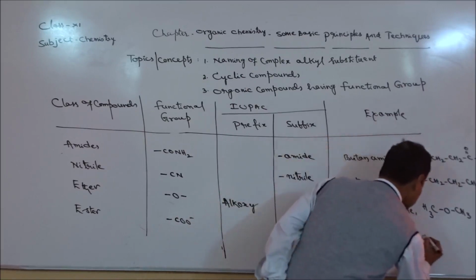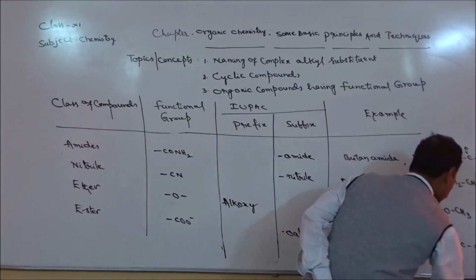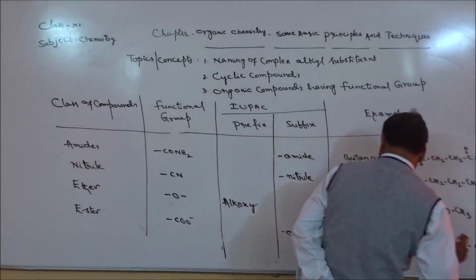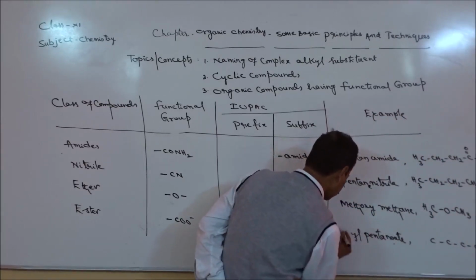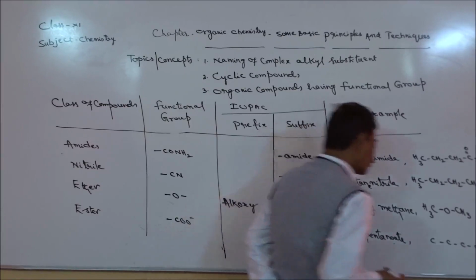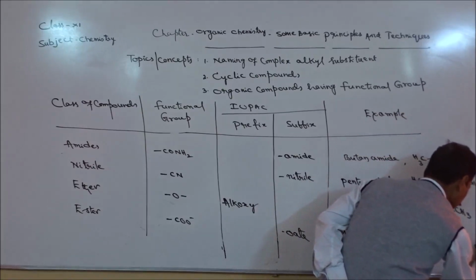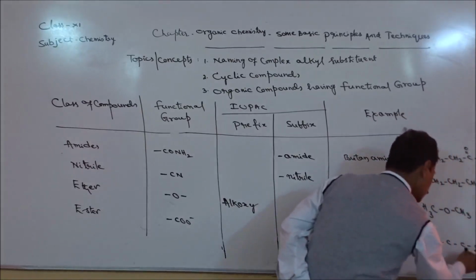The structure is 1, 2, 3, 4, 5. Pentanoate, derivative of pentane. And ethyl, or you can write even methyl. Ethyl or methyl. Let me take methyl pentanoate. COOCH3. 1, 2, 3, 4, 5.